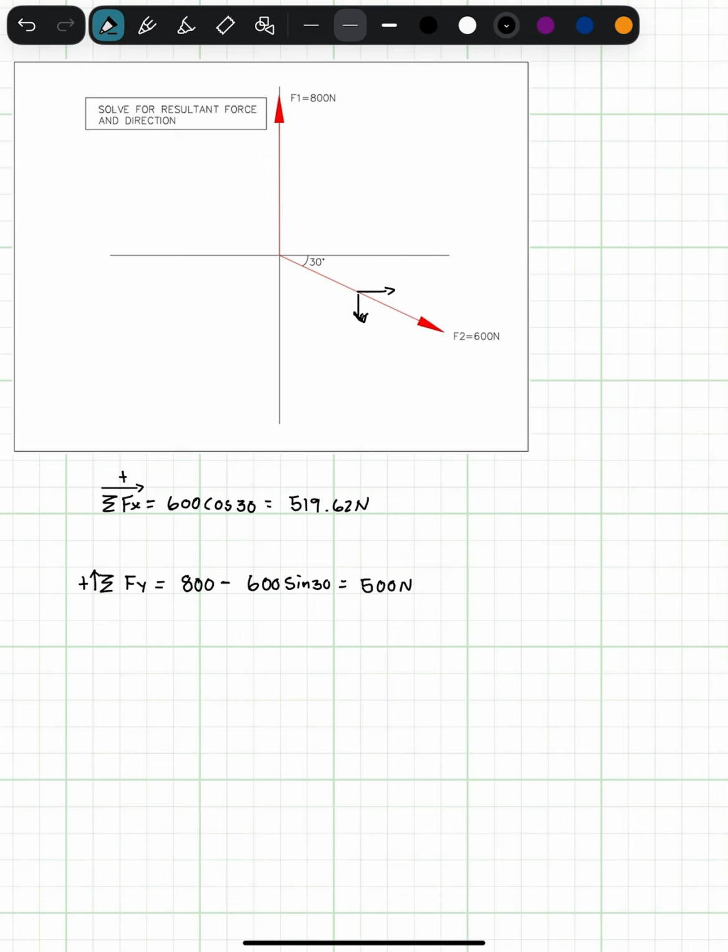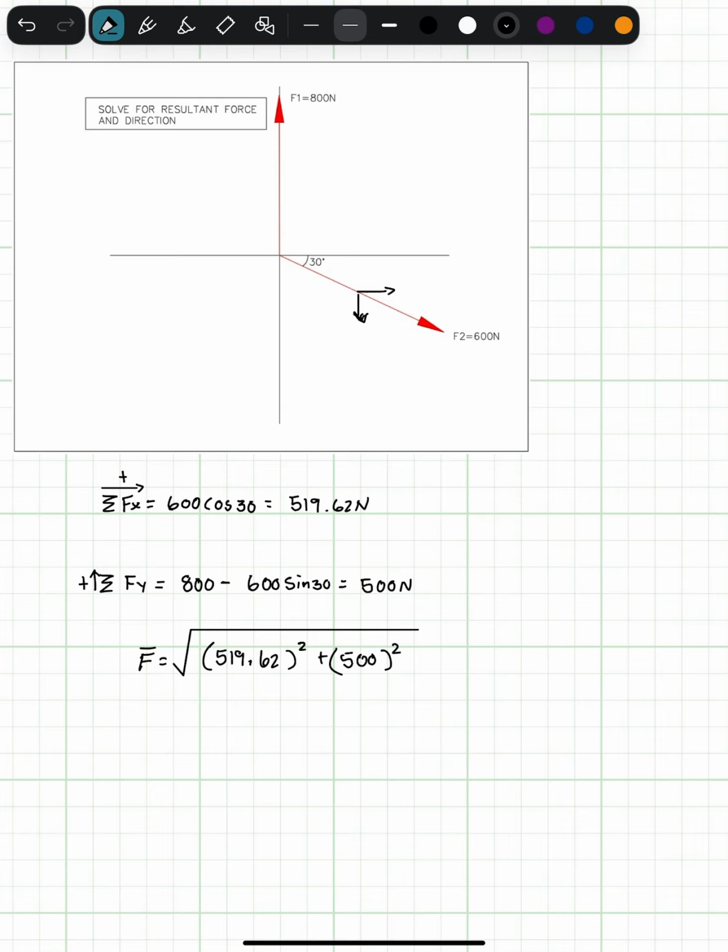Now, let's get our resultant force. It's going to be the magnitude of both of these, square root of 519.62 squared plus 500 squared.